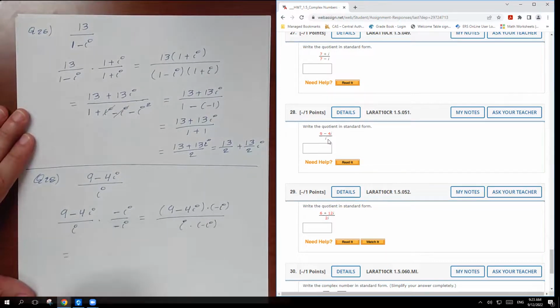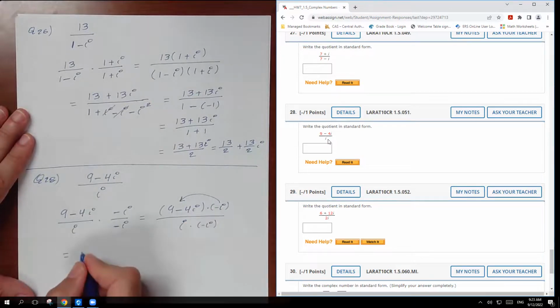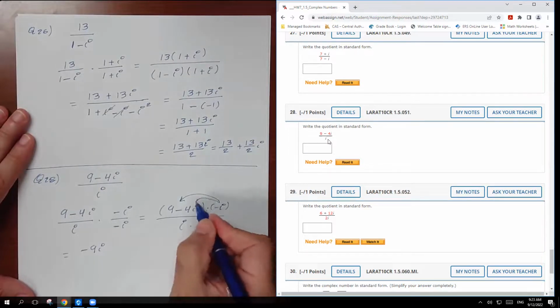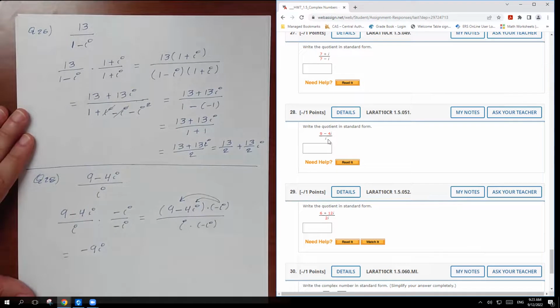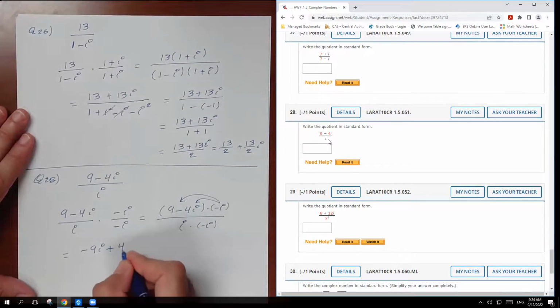So this one is going to be equal. Now negative i times 9 is going to be negative 9i. Negative times negative, I'm just distributing backward. Negative times negative is going to be positive. 1 times 4 is going to be 4 i squared.